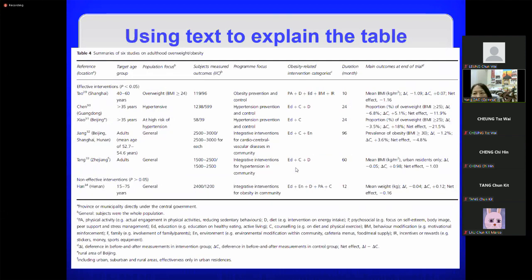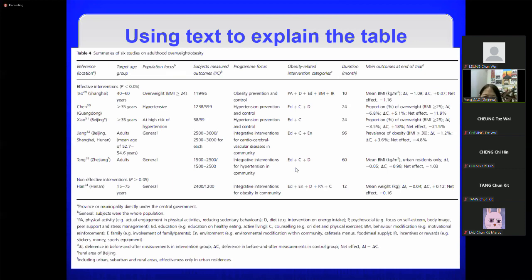So in your thesis chapter, I would also suggest you tabulate the main key information and then use the main text to interpret the tables.